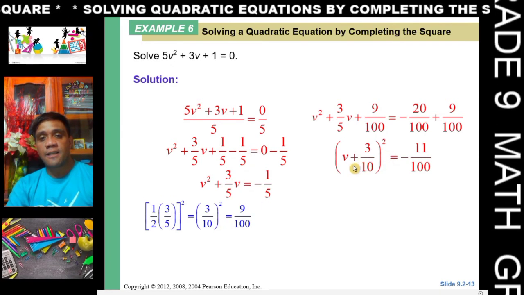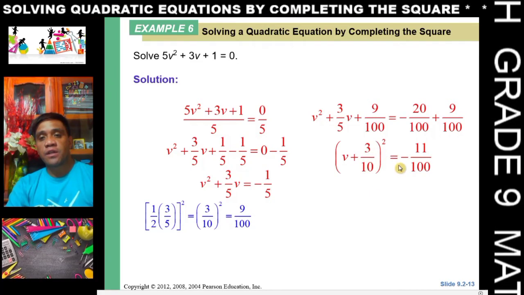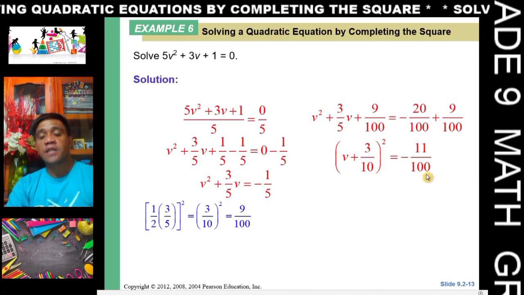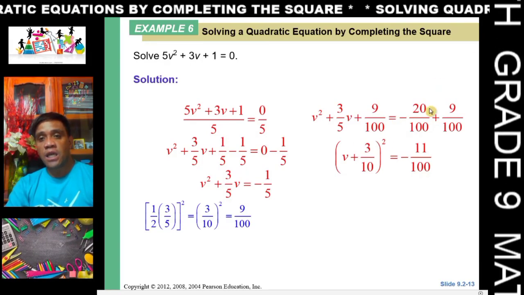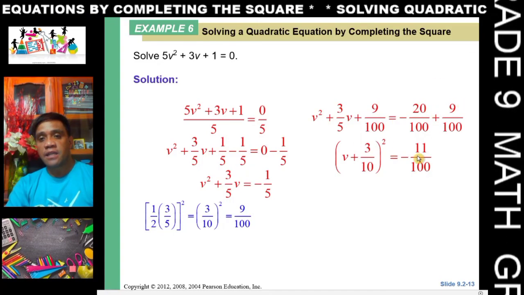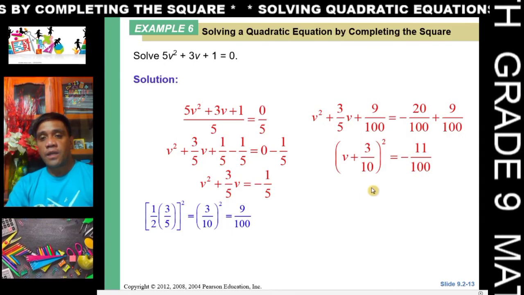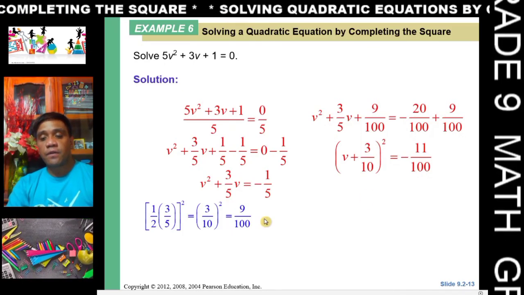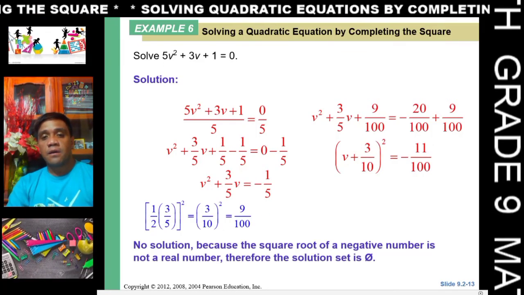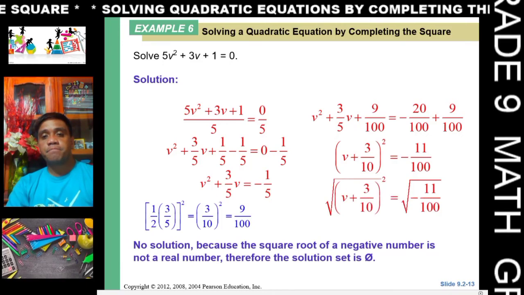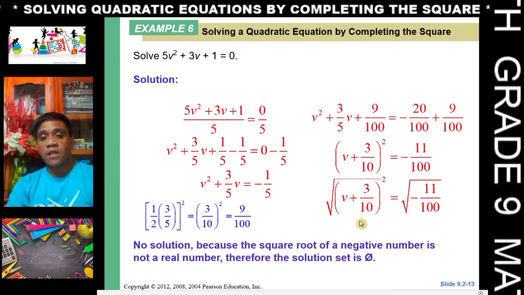So as you notice here, we have v plus 3 over 10 squared is equal to negative 11 over 100, because negative 20 plus 9 is negative 11, because unlike signs. Copy the 100. Then take note that if we're going to go with the next step, take the square root of both sides.